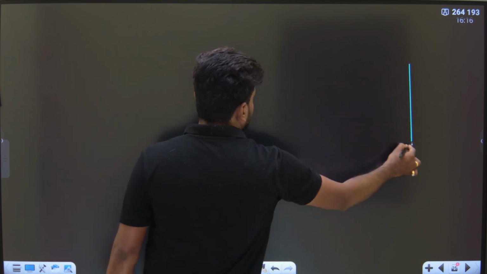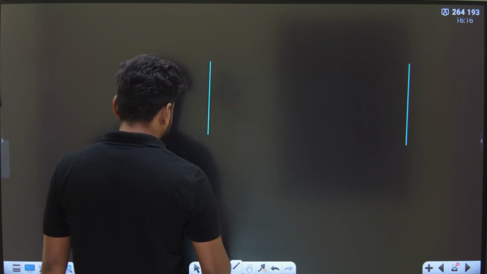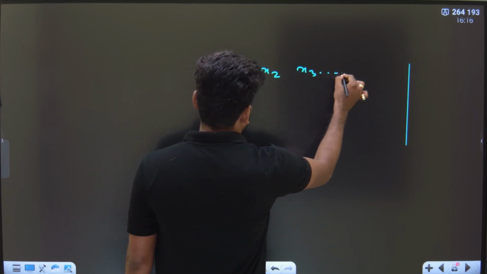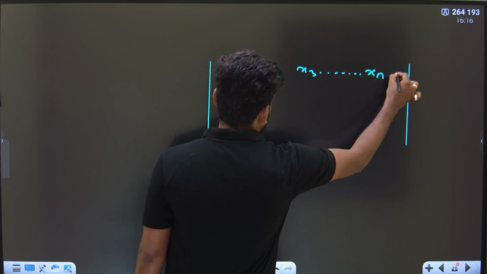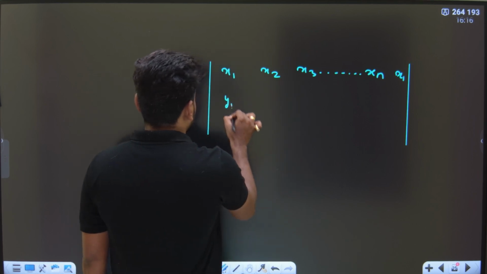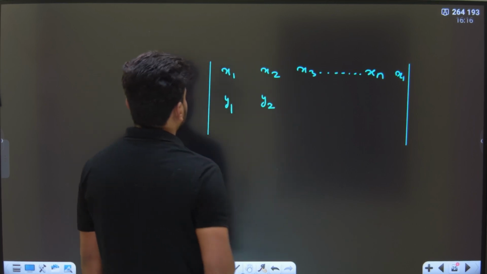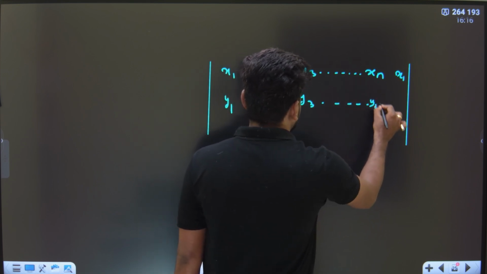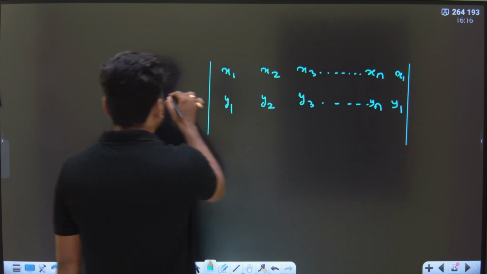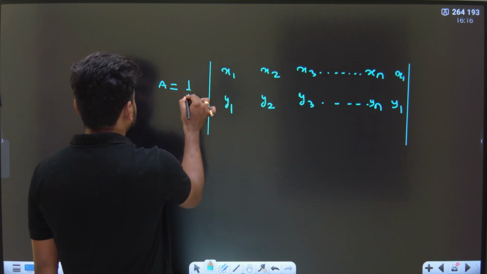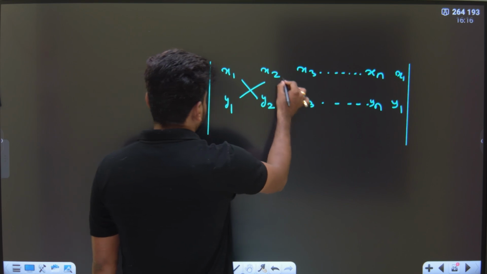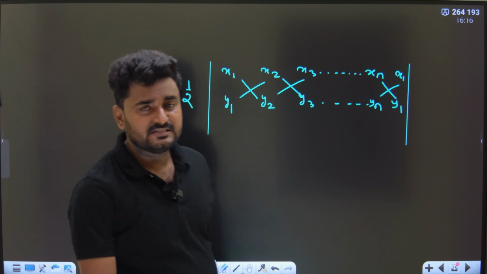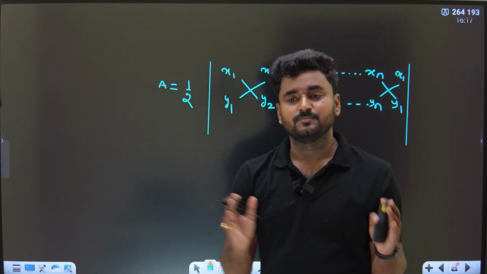Suppose the vertices are x1, x2, x3 up to xn, then you write x1 again, and the y coordinates are y1, y2, y3, up to yn and y1. In that case also you can get the area of any polygon. So this is a very easy way of finding the area of any polygon.